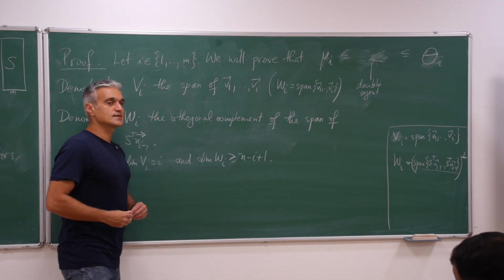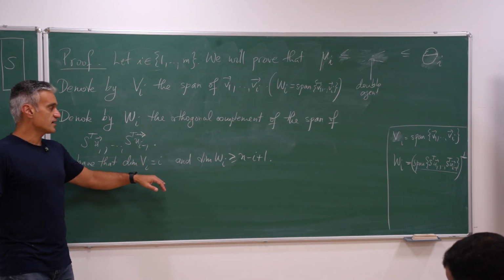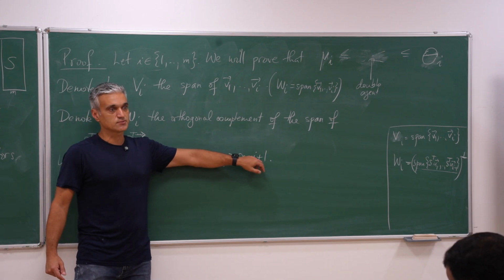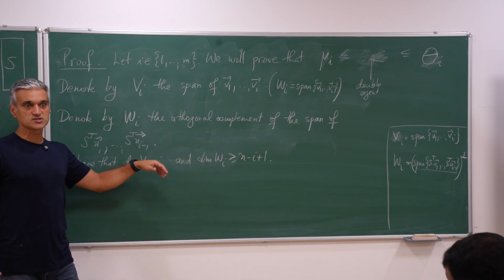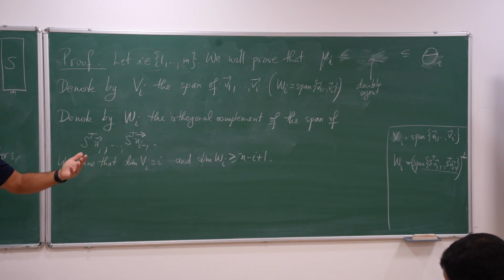You can get an idea where this is heading, because we've done these things with dimensions before in another context. The dimension of Vi is i, and the dimension of Wi is at least n minus i plus 1. So if you add up the dimensions, you get at least n plus 1, so the intersection is non-trivial.